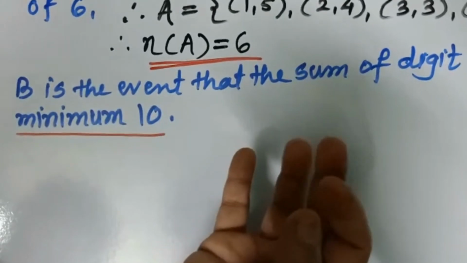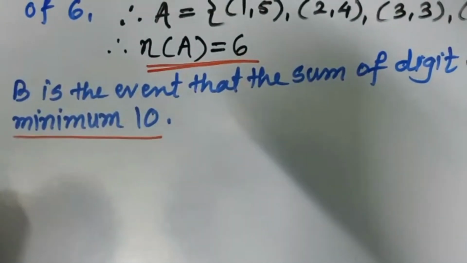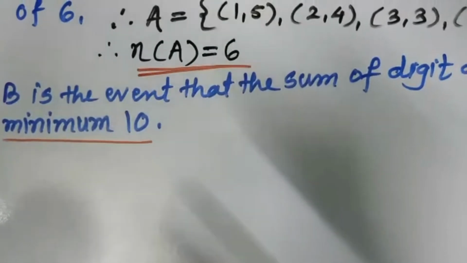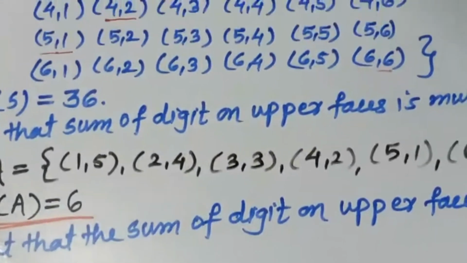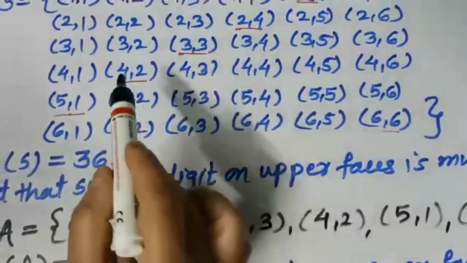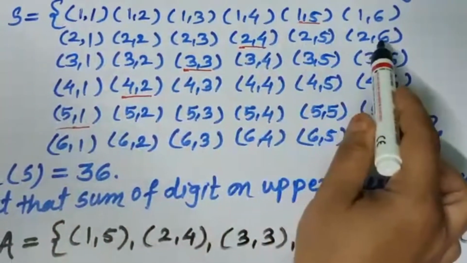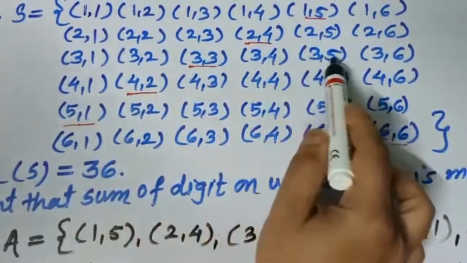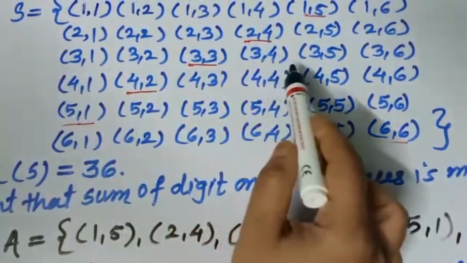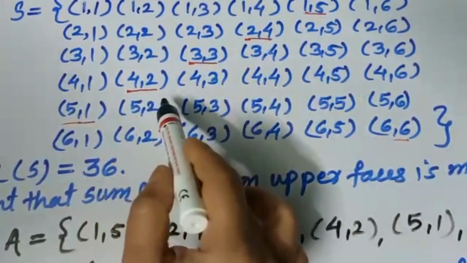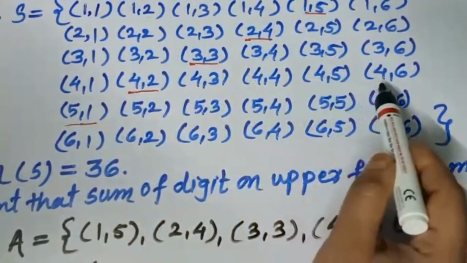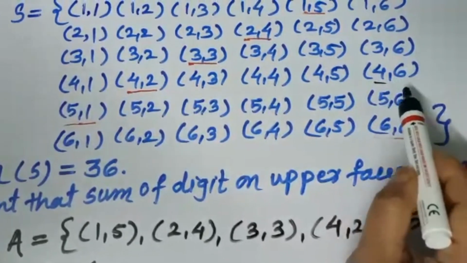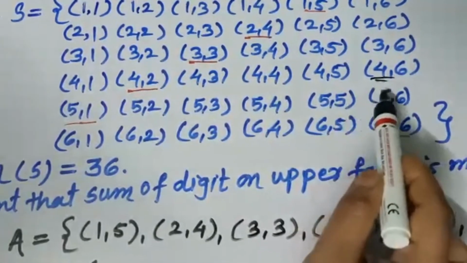So those points we have to search from these 6 lines. See which points are there. From the first line, is a sum of 10 there? No. From the second line? No. From the third line, 10 or more than it we have to take, right? So this one, 4 and 6, 10.